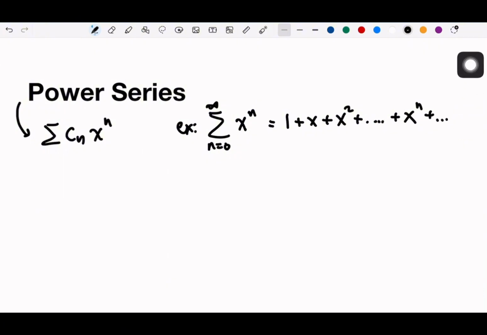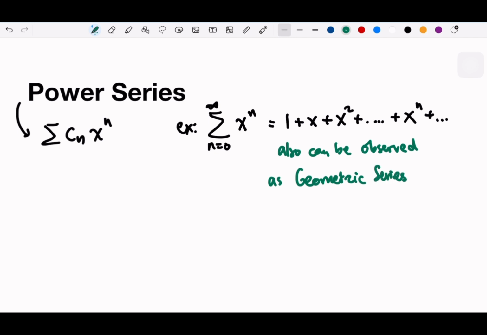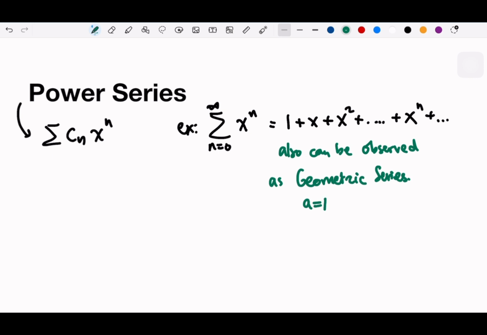And we know this is the same as our geometric series, right? This can also be observed as a geometric series.